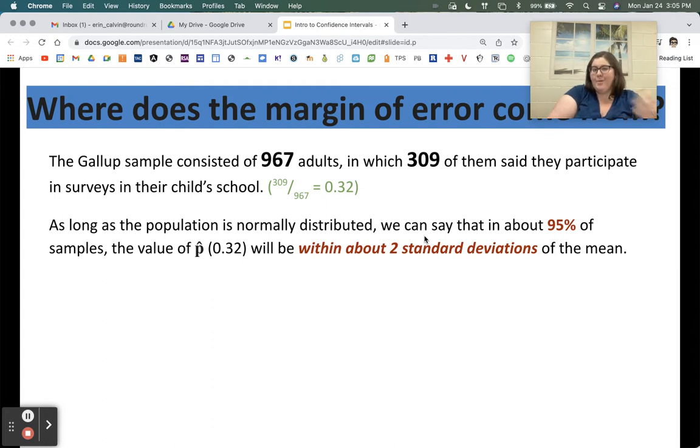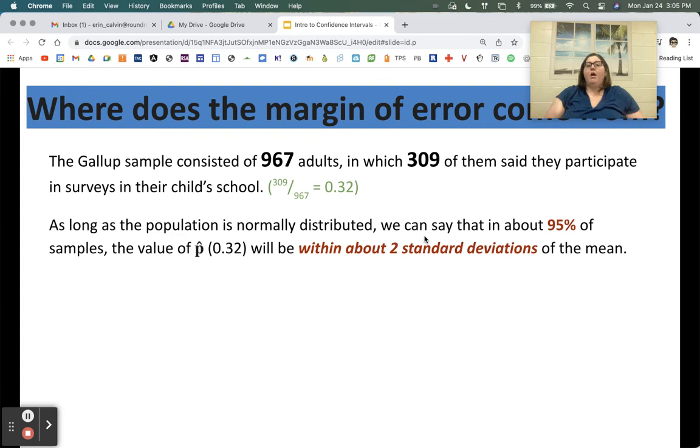Now, where that came from is, if you remember, when we first started talking about the normal model, we had this thing called the empirical rule, which said that if a population is roughly normal, then about 68% of the values should be within 1 standard deviation of the mean, 95% should be within 2 standard deviations of the mean, and 99.7% within 3 standard deviations.